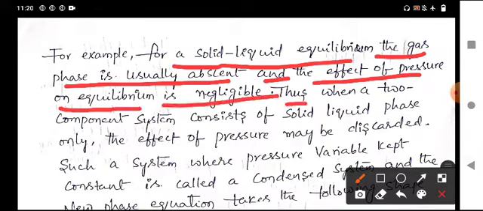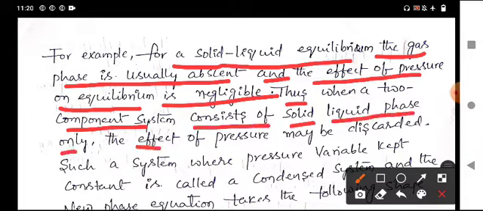Thus, when a two component system consists of solid liquid phases only, the effect of pressure may be discarded.